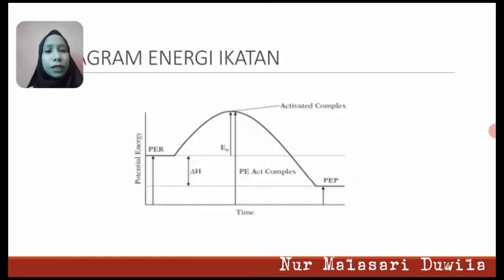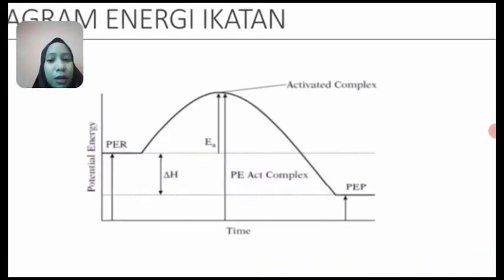As shown in the following figure, this is a diagram of the potential energy for an exothermic reaction. On the vertical line is potential energy, and on the horizontal line is time.